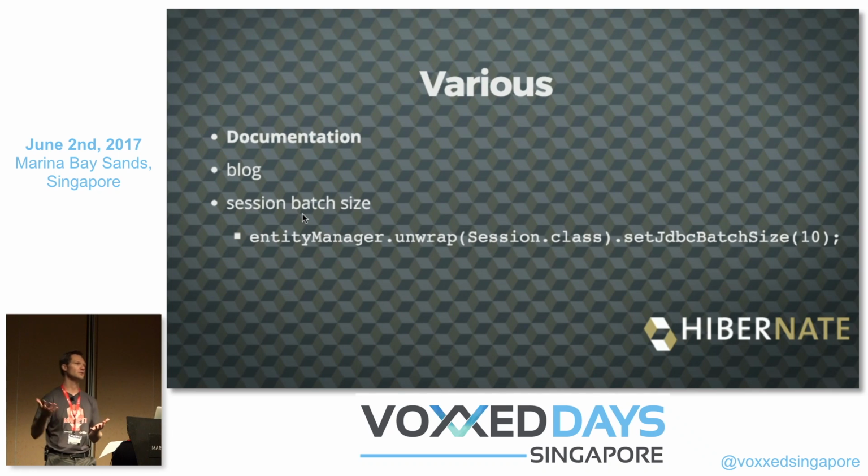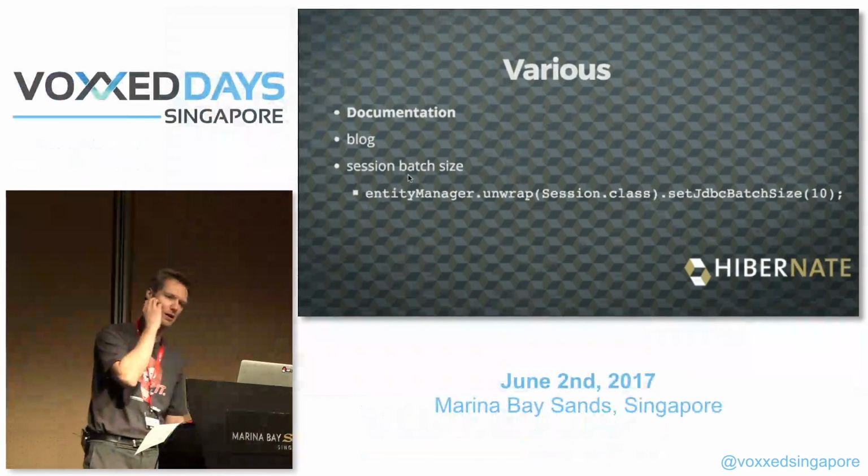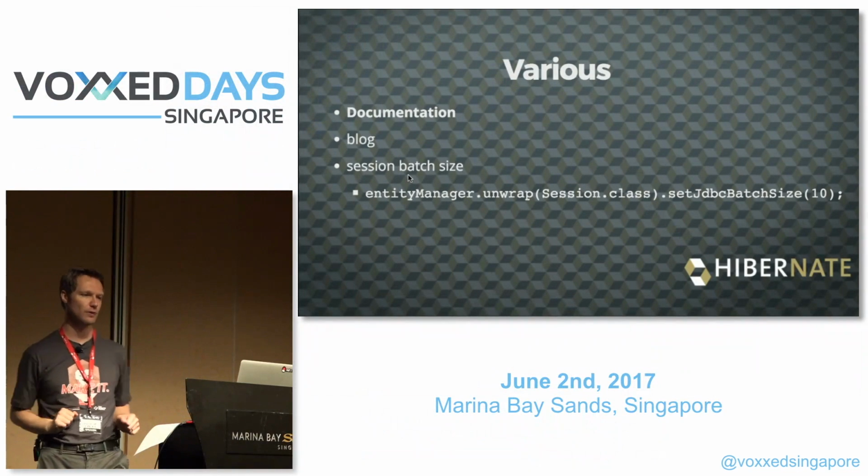For the OLTP oriented, you don't really need that batch size to be too high, because that's extra work to do on the Hibernate side. But for the batch use cases, that's where you want the big batch size, because you don't necessarily want speed on a latency basis, you want speed on a throughput basis. So now with the ability to override the settings on a per session basis, you can really optimize those two areas.